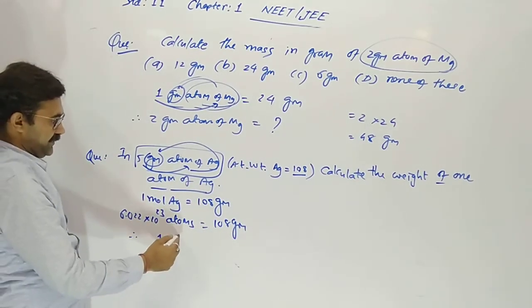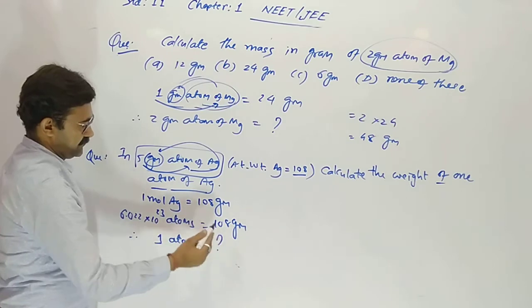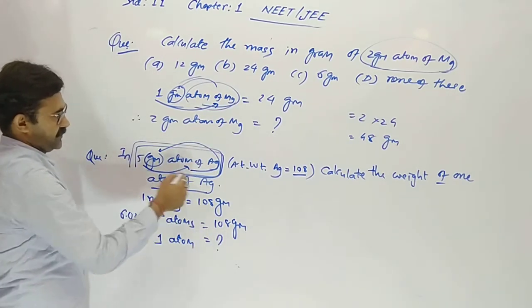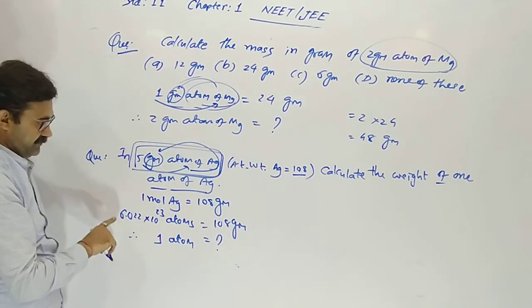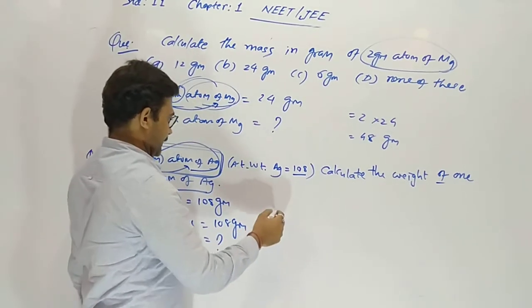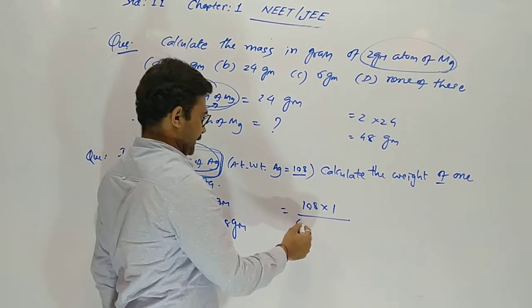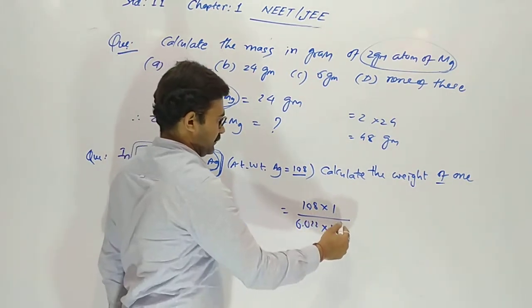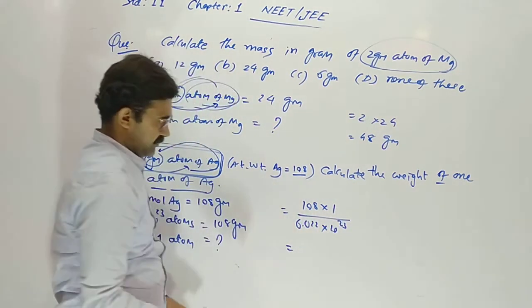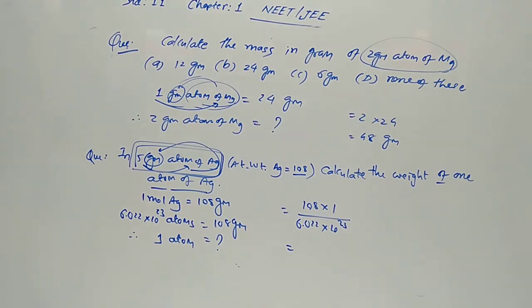So the mass of 1 atom will be 108 into 1 upon Avogadro number, so 108 divided by 6.022.